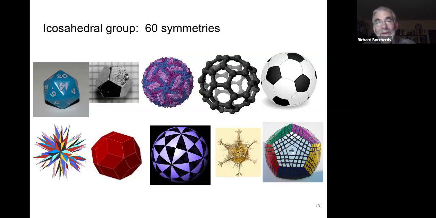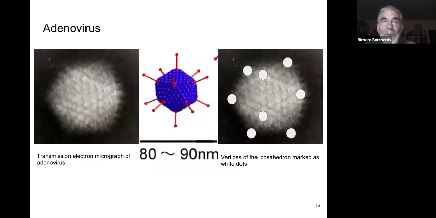then there's an icosahedron and a dodecahedron and a few other common objects. There are actually quite a few viruses which have icosahedral symmetry. So here's an actual photograph of an adenovirus. On the left is an electron micrograph of it, and it's a bit hard to see that it's an icosahedron.